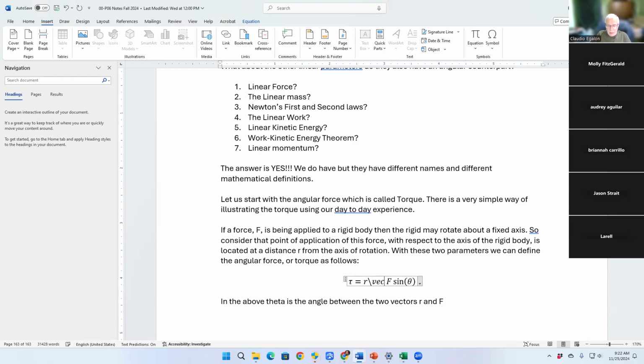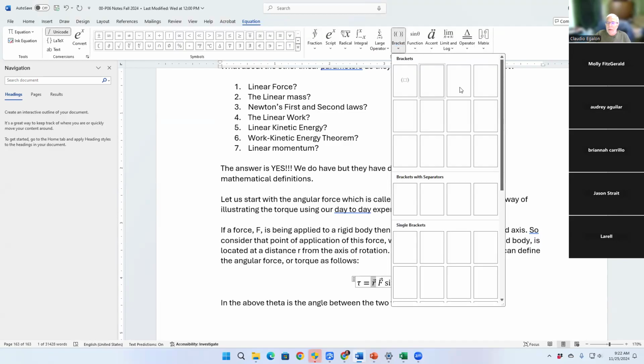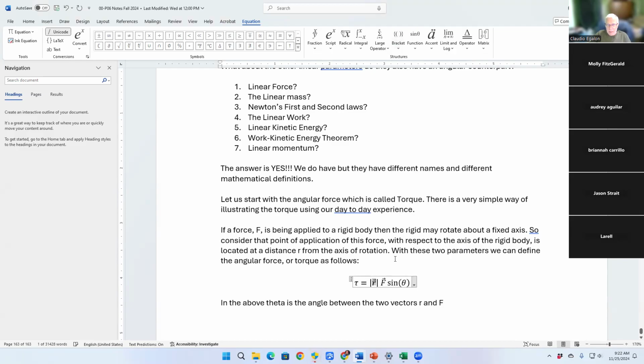So there is no doubt that those parameters are vectors. But then I have to do something else. You cannot have a multiplication between two vectors, right? So what I have to do, I have to put a magnitude in there just to emphasize that those two parameters are vectors.